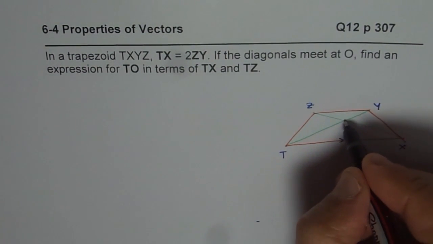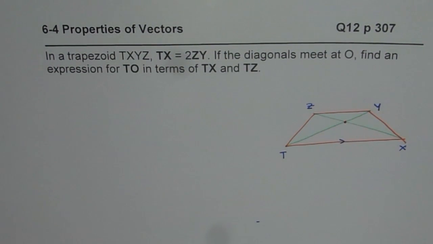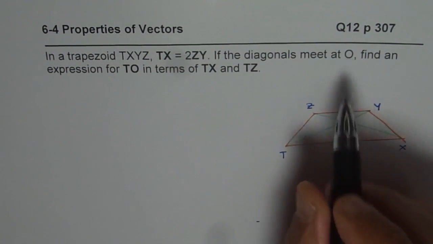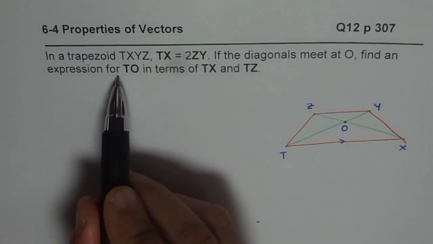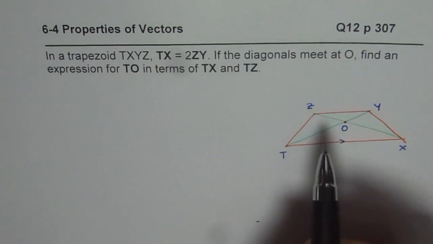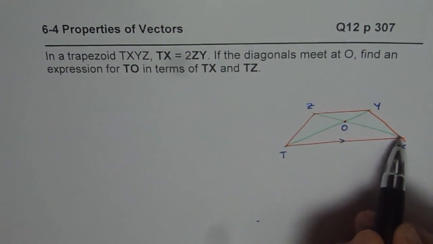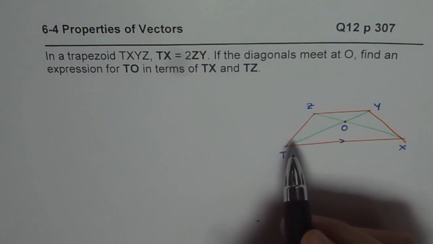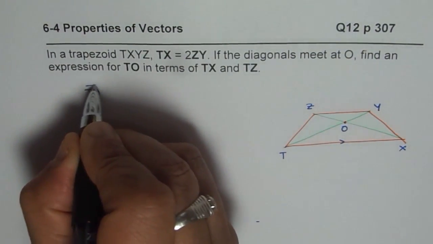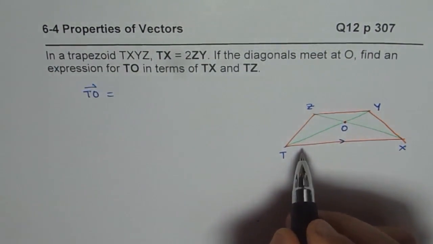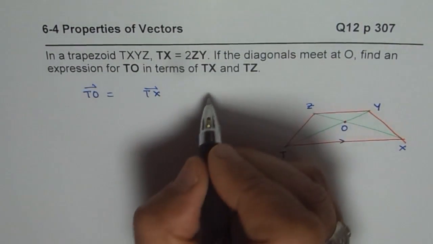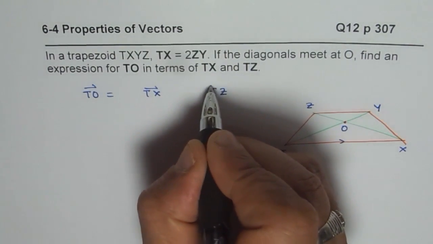Let us say they meet at O. So if the diagonals meet at O, find an expression for vector TO in terms of vector TX and TZ. So we need to find how the vector TO is related to the vectors TX and TZ. That is the question for you.